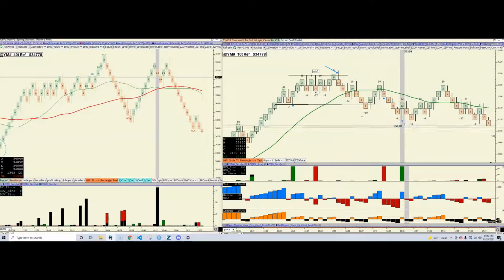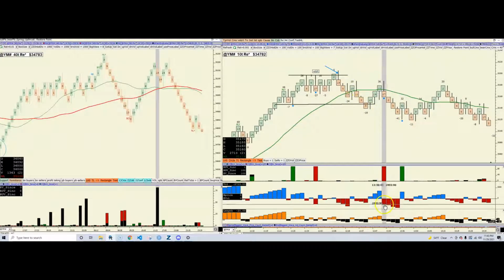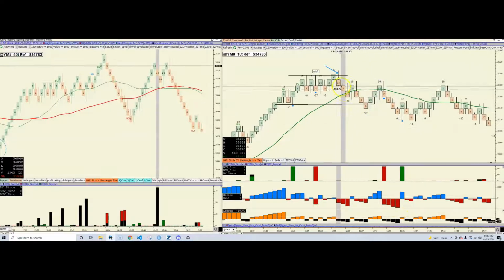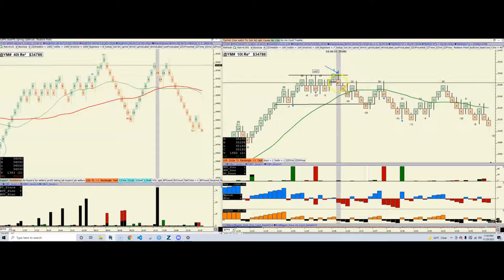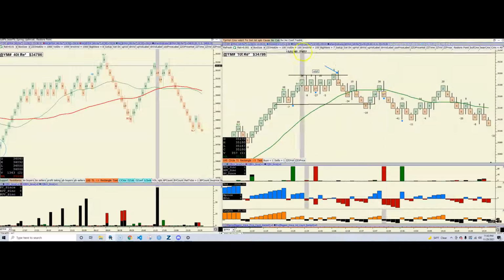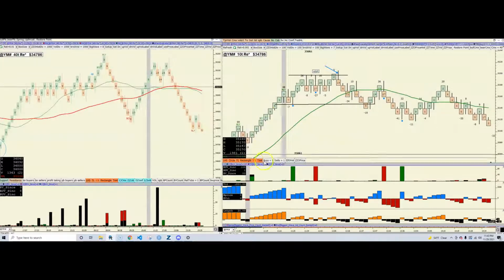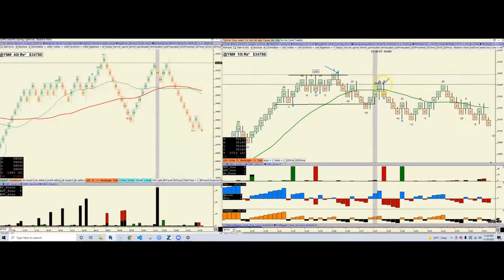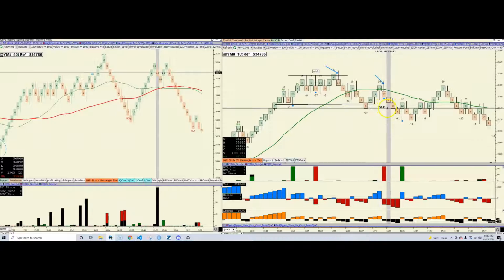I mean, and volume. Look at this. See? And when it tested that same area again, rejected. Right there. Look at this. 12 up, 27 down. What's that telling you?